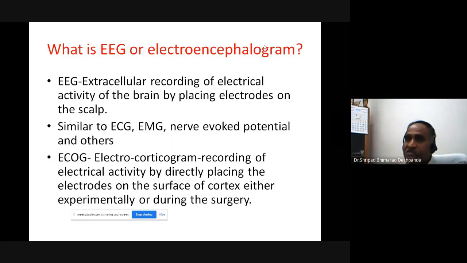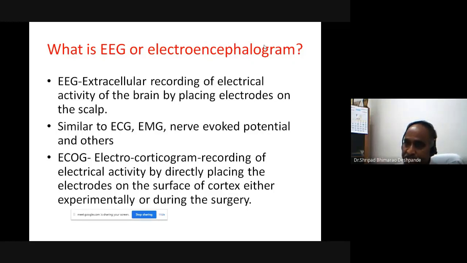Here, these activities are not very synchronous. There is no pattern, so under such circumstances we have to evaluate certain patterns. Even in this chaotic situation there is some order, and that order we are trying to see today.